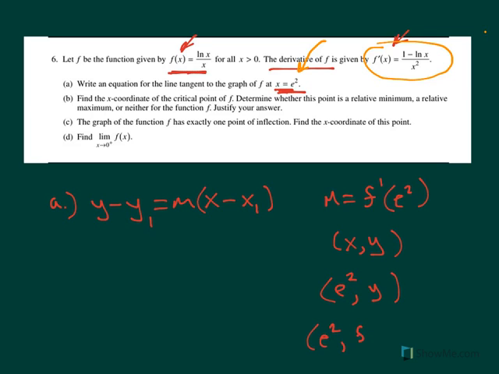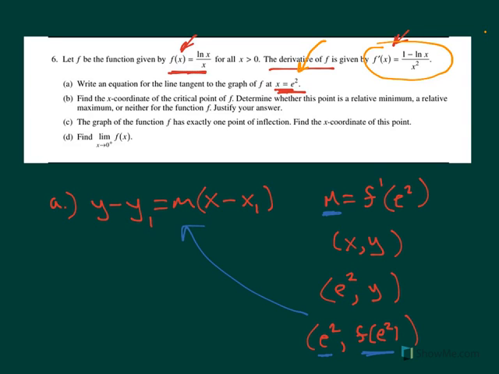You basically need f of e to the second, and you'll need to compute that. And then once you have your two pieces of information, once you have the slope and you have the completed point, then you want to use your point slope form to build the equation of the tangent line.